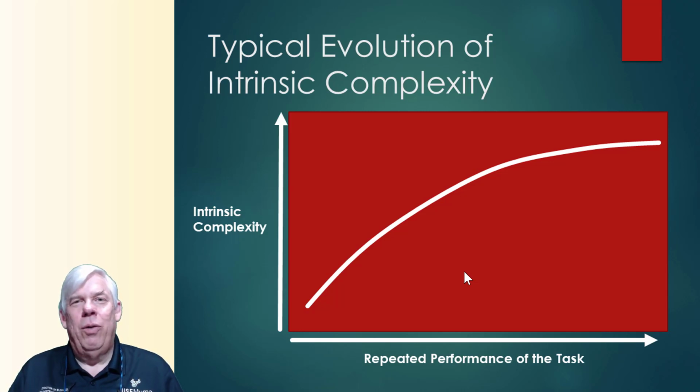A lot of what we try to do in teaching rules within an MBA program is to identify rules of thumb that simplify otherwise intrinsically complex problems. But under normal circumstances, what will happen is the intrinsic complexity of a task will grow as we learn more about the task and as we gain more experience with different cases of the task.